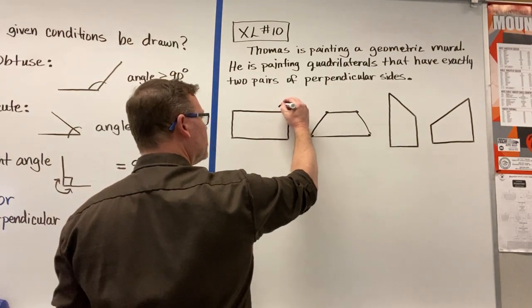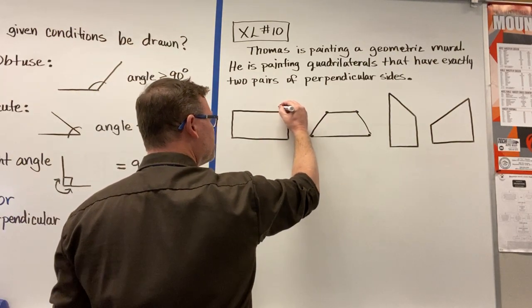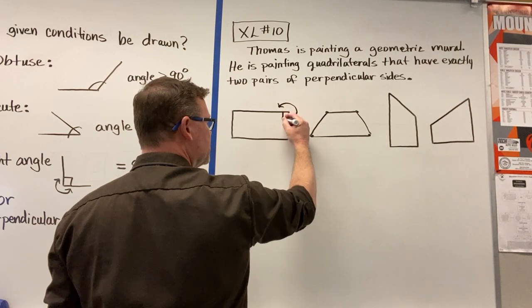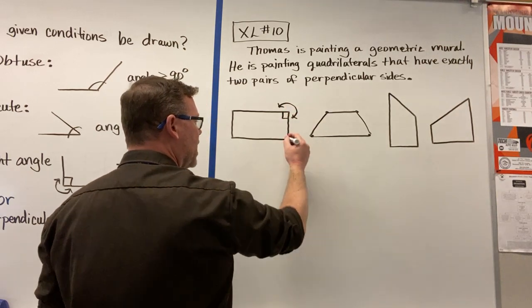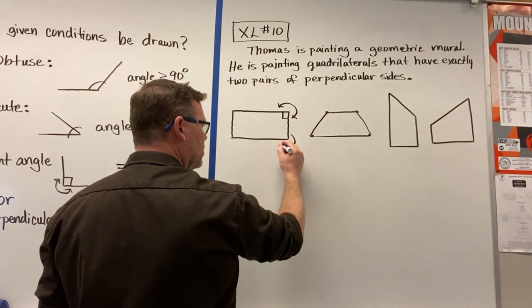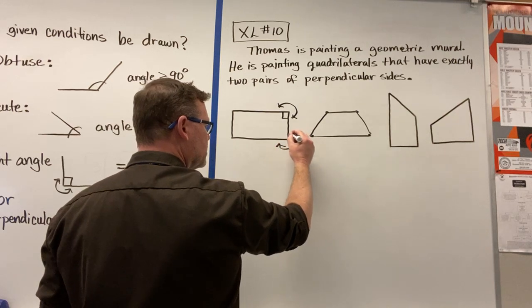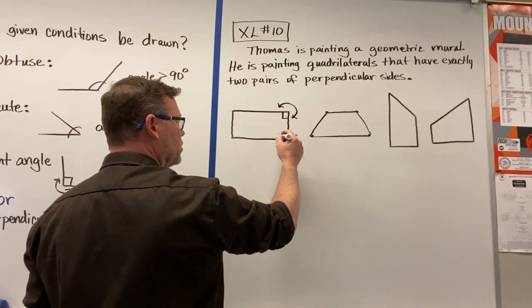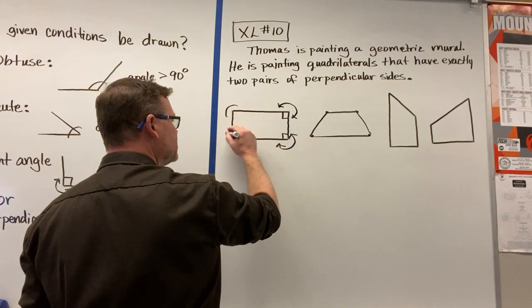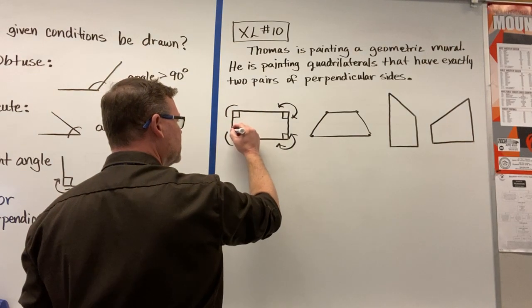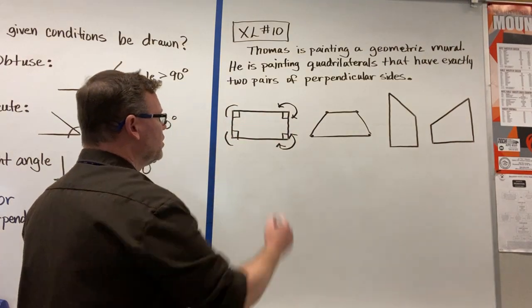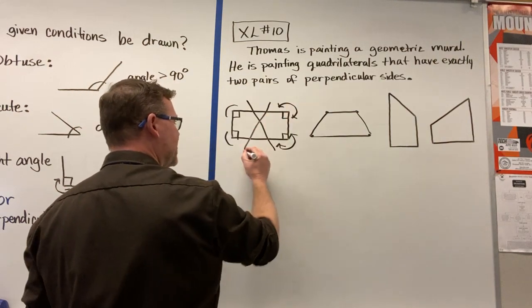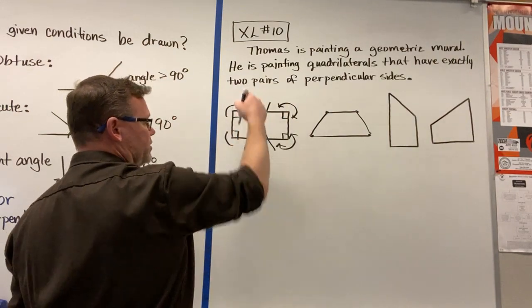Each one of these corners is a pair of perpendicular lines because they make a 90-degree angle, okay? They make a right angle. So each one of these would be considered a perpendicular pair. So this one has 4. So this is not the correct answer because they only want 2 pairs.